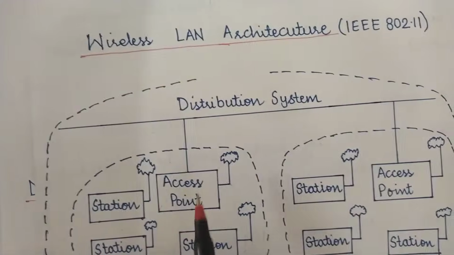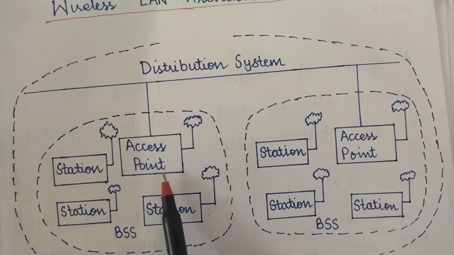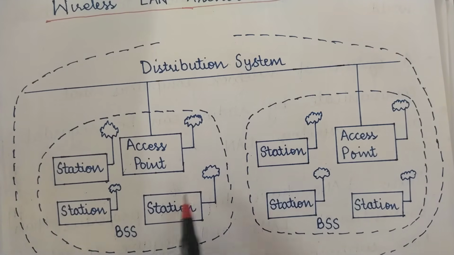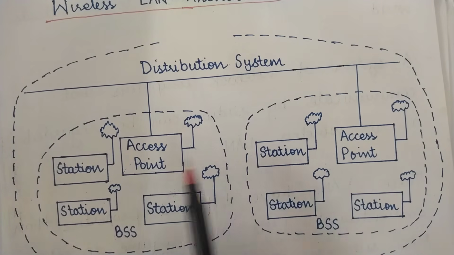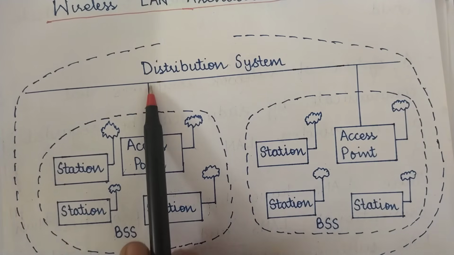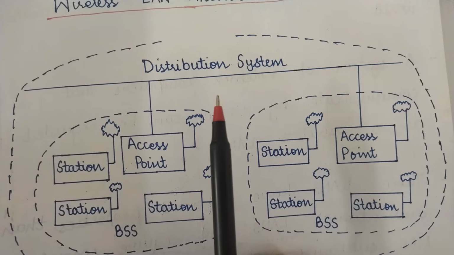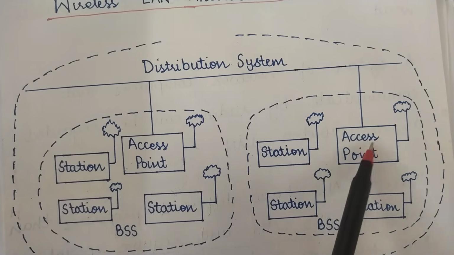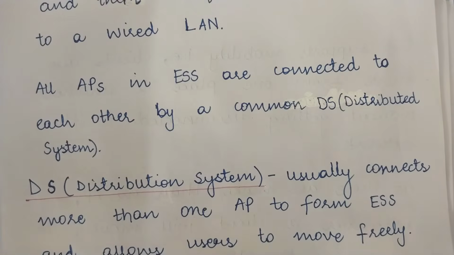How is it that when the client is moving from one network area to another, it is jumping on to another access point? Because these access points are connected, through this particular distribution system. One single distribution system connects all the access points of various basic service sets.